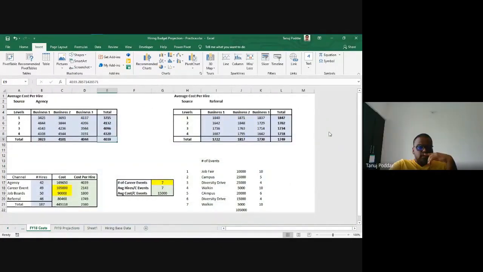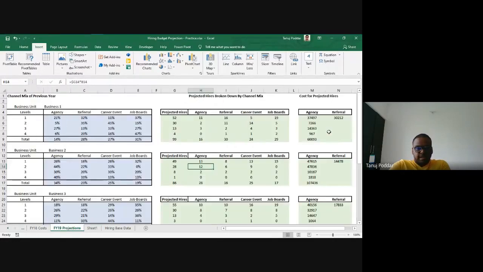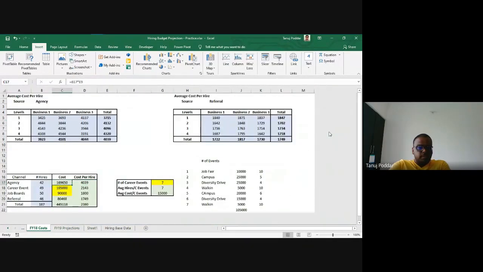So this is also cost per hire, but we're just breaking it down by the businesses as well. You could say that I'm going to have 4039 as the average cost of hire, but the averages also vary between the different levels and businesses.